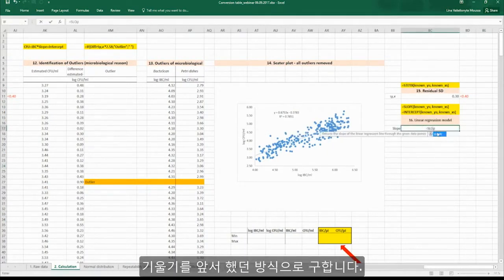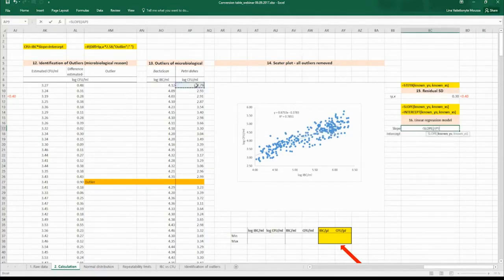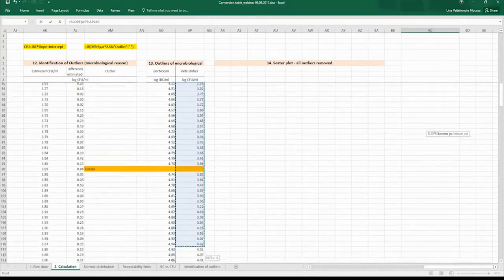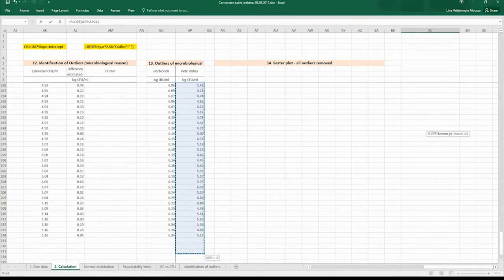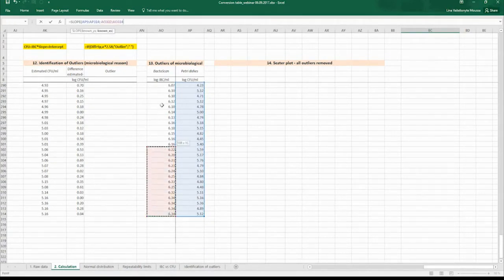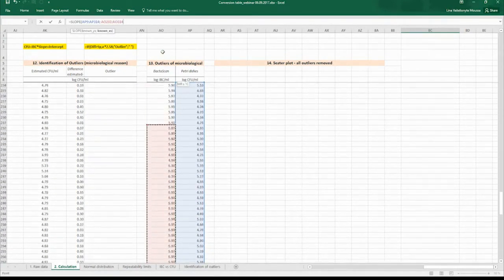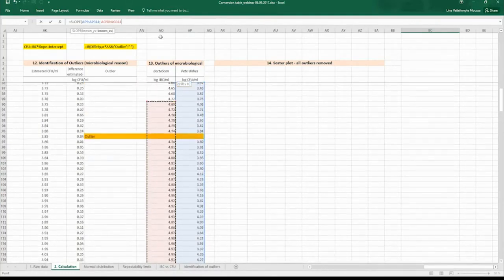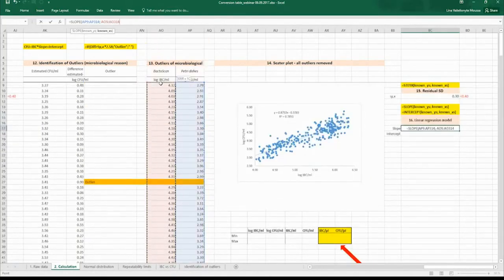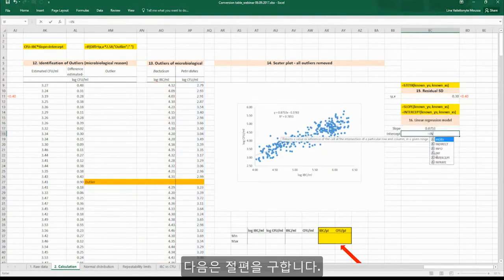Calculating the slope. And calculating the intercept.